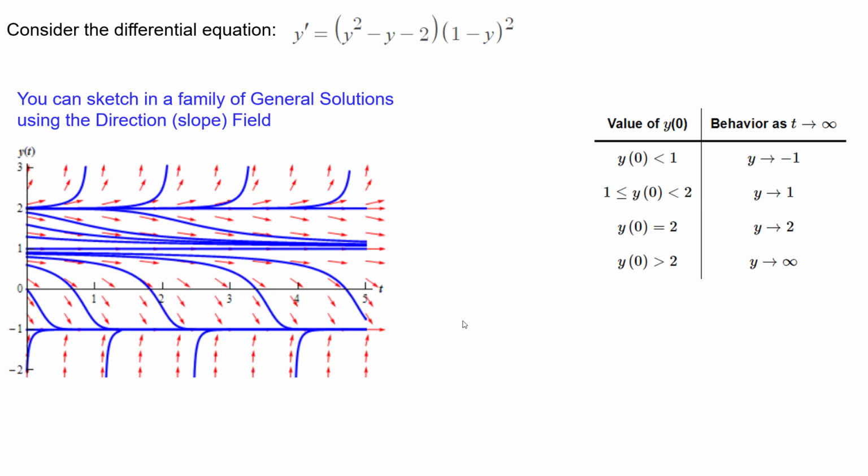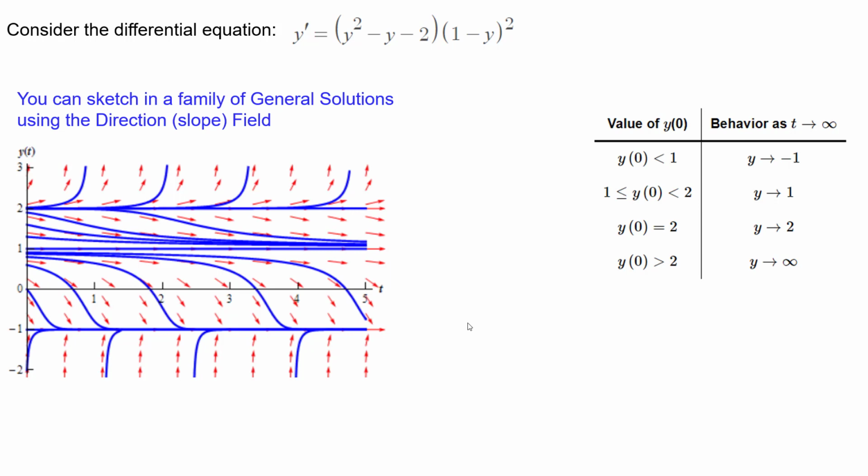So y equals 2, you get a flat line at 2, and then if your initial condition happens to be greater than 2, then you will be carried to infinity. Your curve will just start getting larger and larger. Well, you must be thinking now, these values of 1, 2, and -1 seem to act almost like magnets.